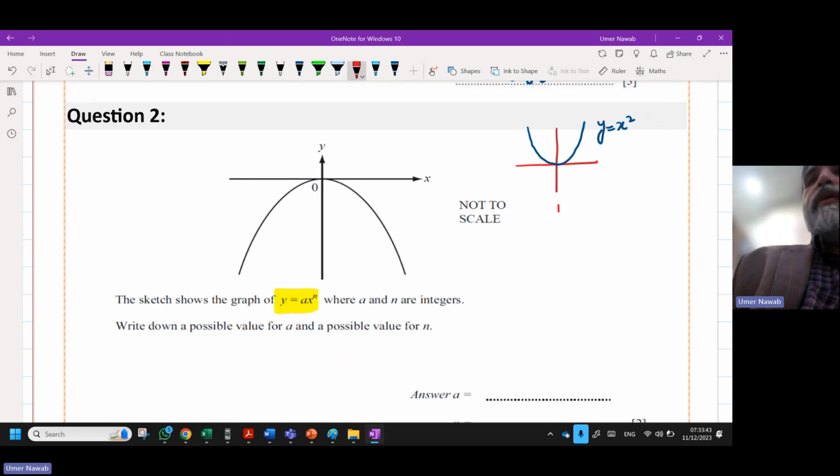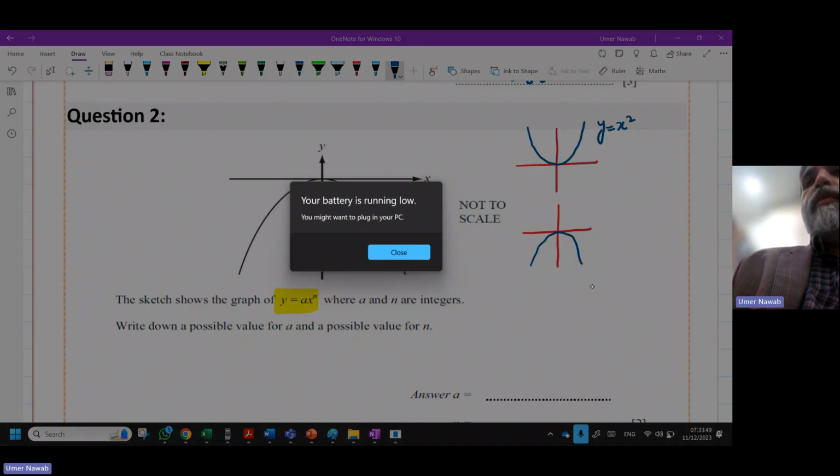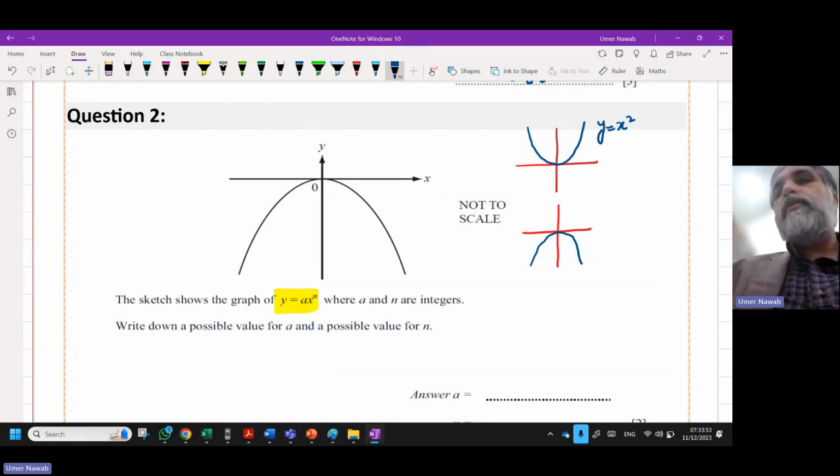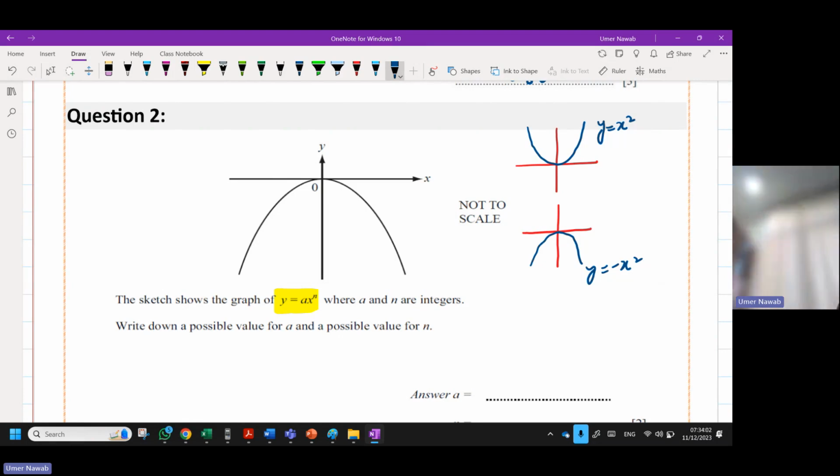If the parabola is facing downward, its equation is y is equal to minus x squared. Clear?